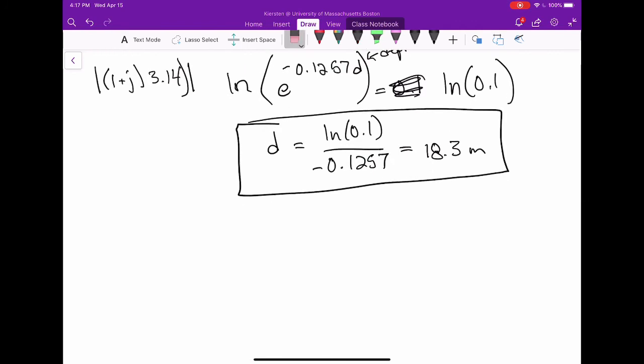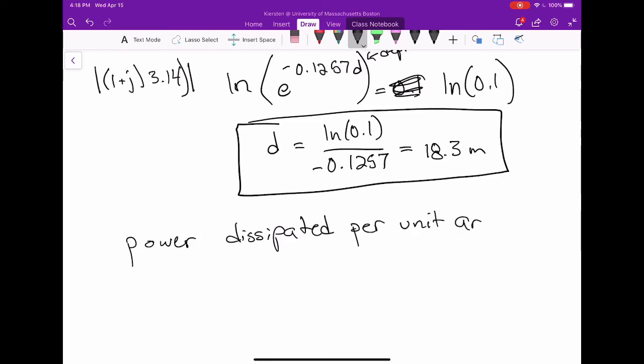Lastly, part 3 is find the power dissipated per unit area in the seawater between z equals 0 and z equals that depth that we found in part 2.